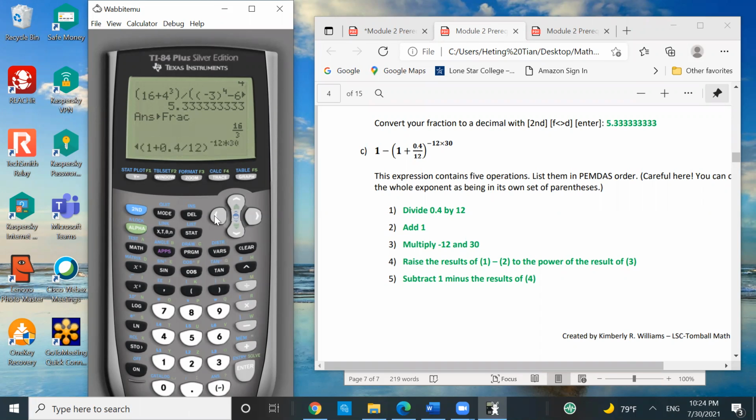So some students ask me, why here 0.4 over 2 is a fraction? The numerator and denominator don't have the parentheses because 0.4 is a number, it's not an operation. So it's okay if you leave a number here without the parentheses.